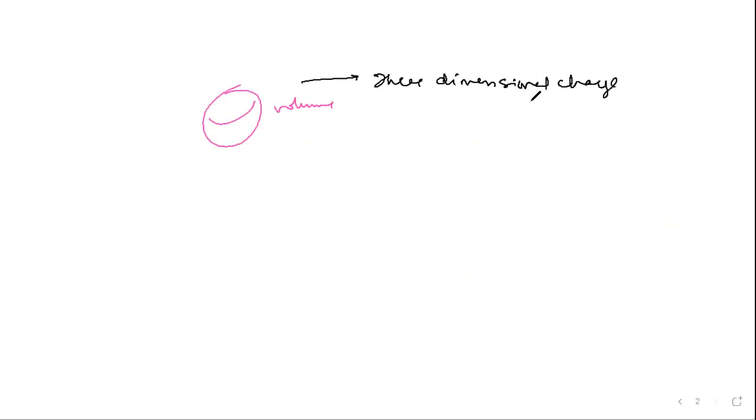Similarly, we can have charge distributed in certain volume, which will be three-dimensional charge distribution, right?